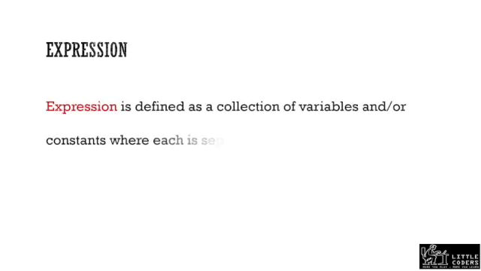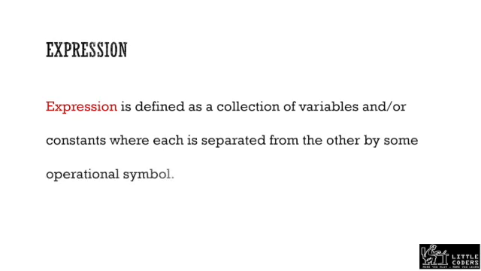It is defined as a collection of variables and or constants where each is separated from the other by some operational symbol. Here we are calling it an expression. As far as Python is concerned, there are three types of expression.